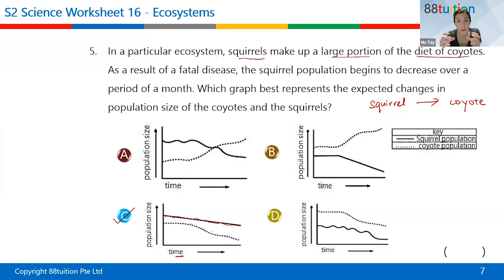Squirrels are very small. Just eating one squirrel is not enough to sustain and have the energy. So it will need more squirrels. So the population of the squirrel in terms of numbers will definitely be higher. Anyone cannot understand this part? Kieran, you understand this part? Okay, good.